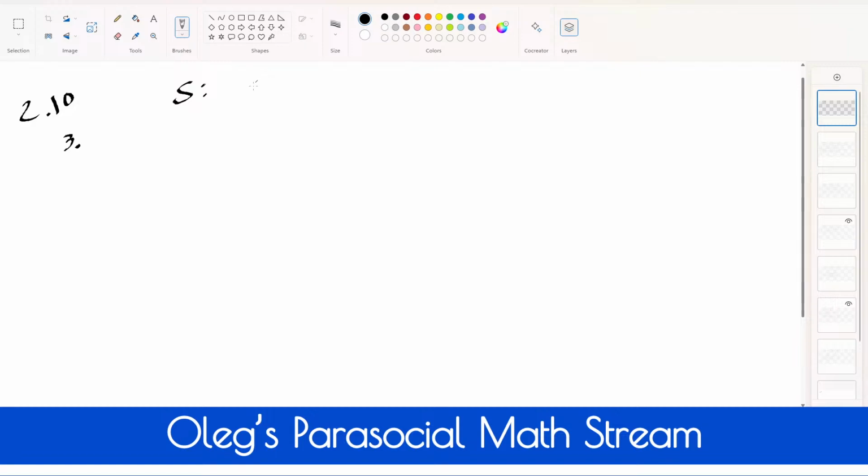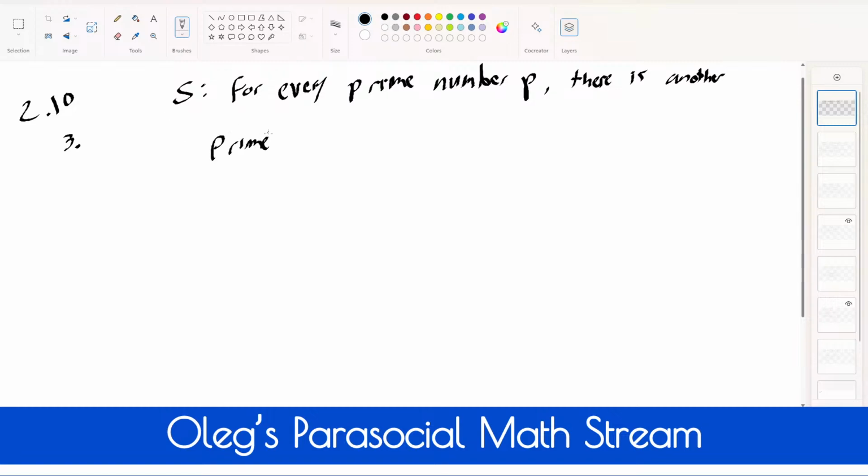S. And we're going to say for every prime number P, there is another prime number Q with Q being greater than P. For every prime number P, there is another prime number Q with Q being greater than P.